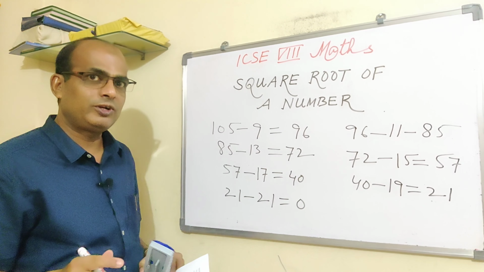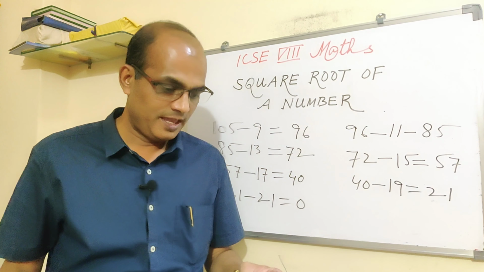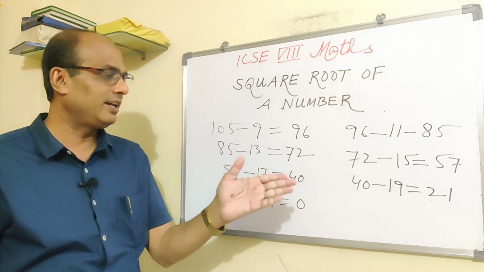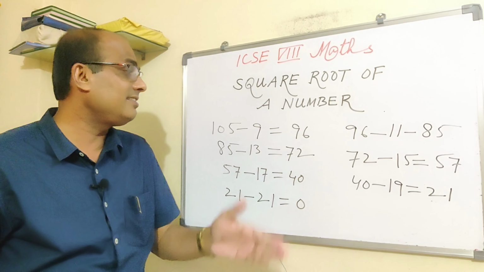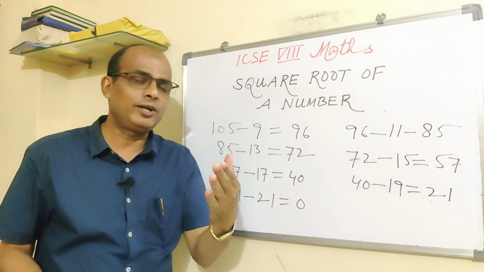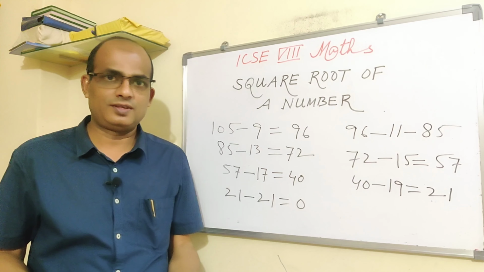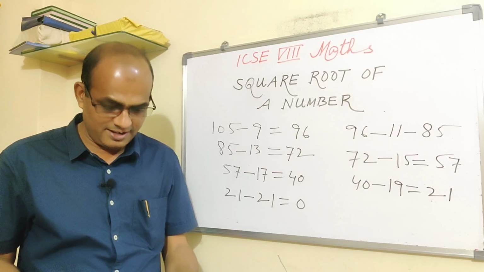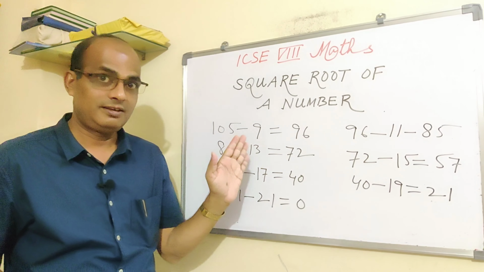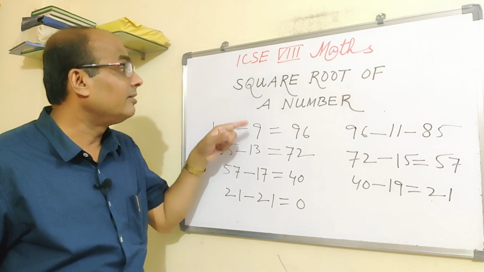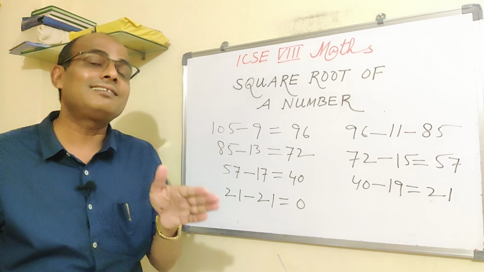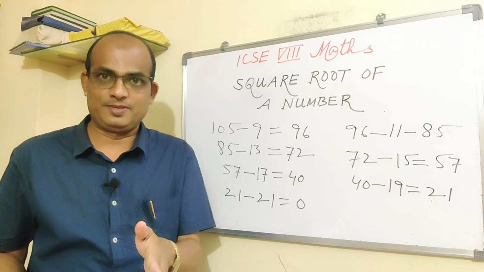Now, this is one of the first points. The first point is from the given square number, subtract 1, 3, 5, 7, etc. successively until you get 0. And the second point is you count the number of times the subtraction is done to get 0, and let this number be small m.